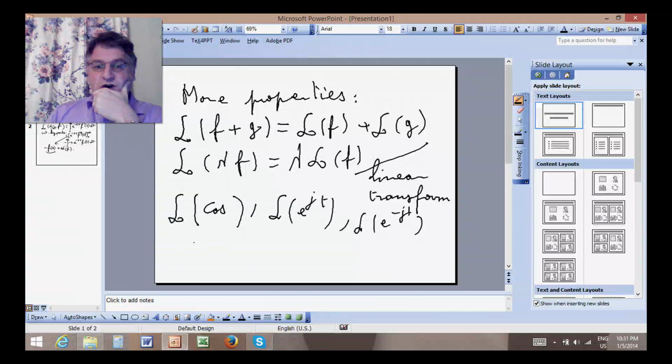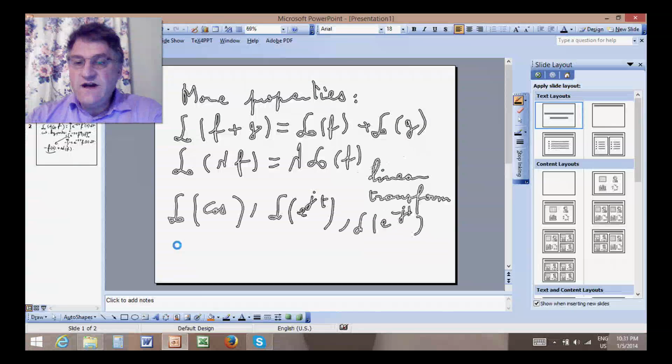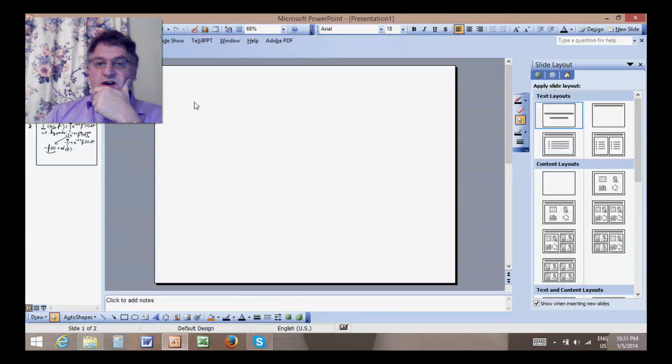Now, there are more interesting properties of the Laplace transforms. One of them is the Laplace transform of exponentials in general.